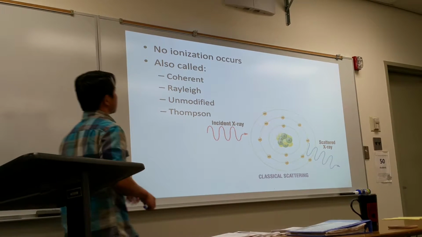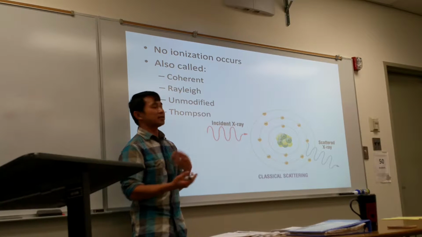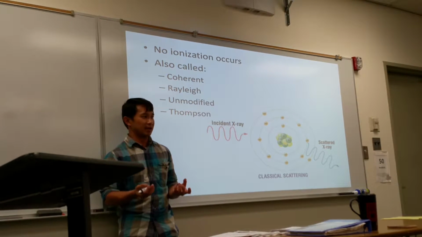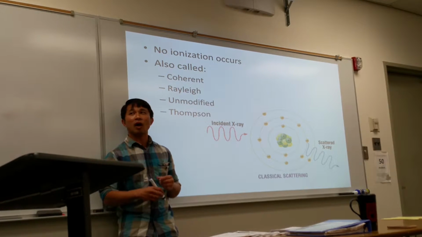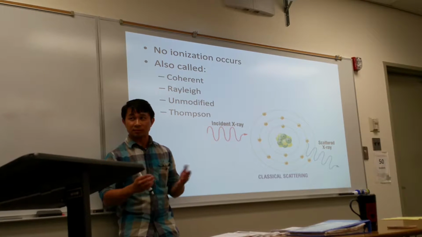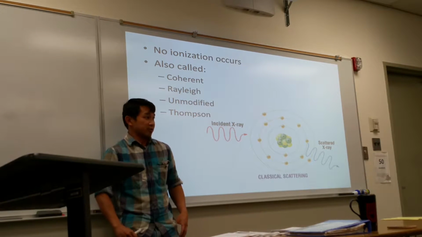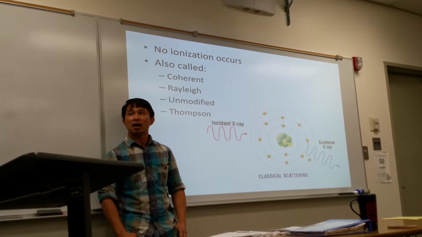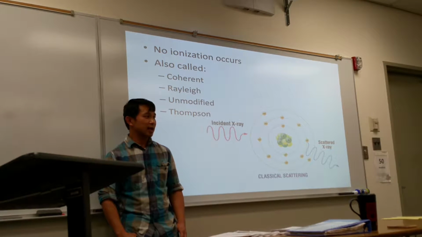With classical, since the energy is relatively weak, it doesn't have the energy to ionize anything. So there's no ionization when there are interactions with classical radiation. Other names used for classical: coherent is one of the most common names. Also Rayleigh, unmodified radiation, and Thomson scatter radiation.